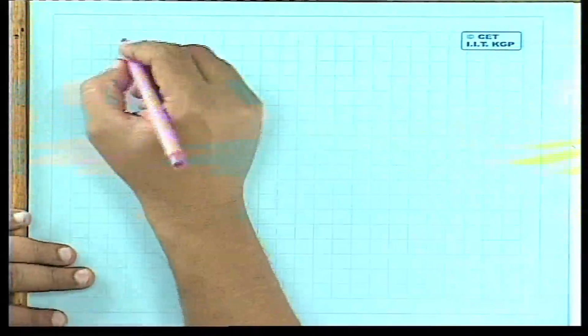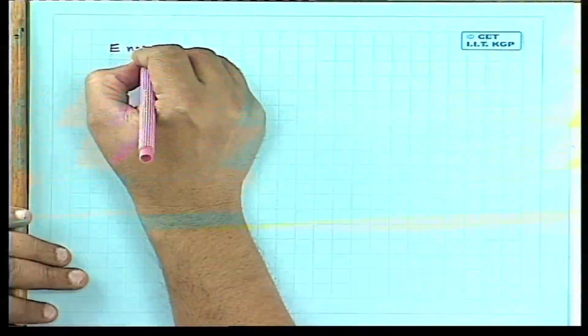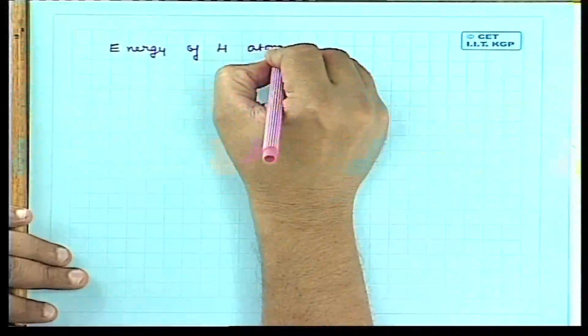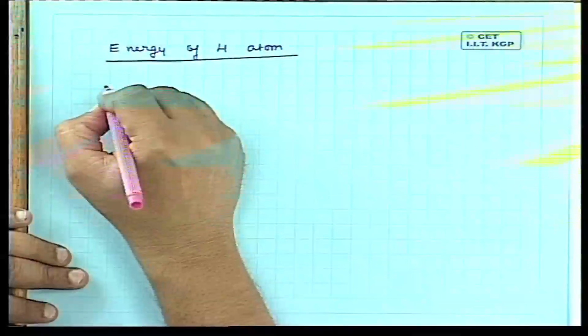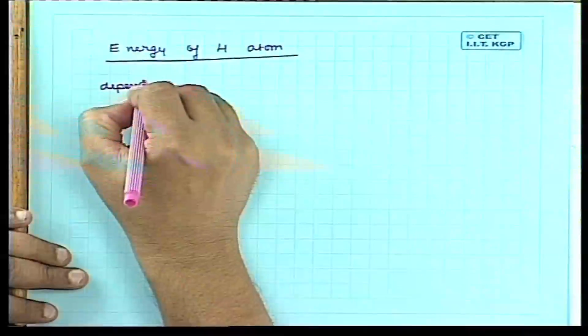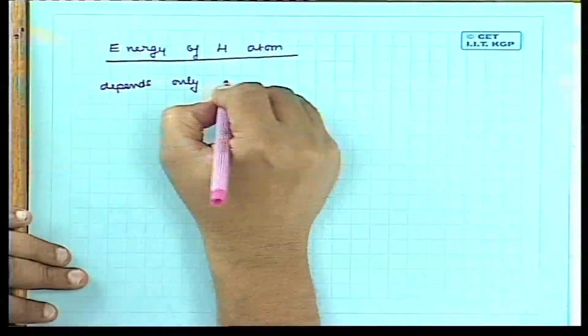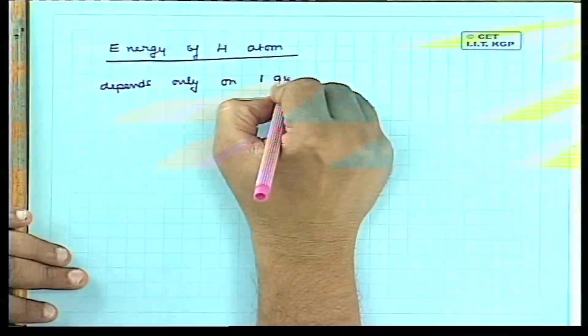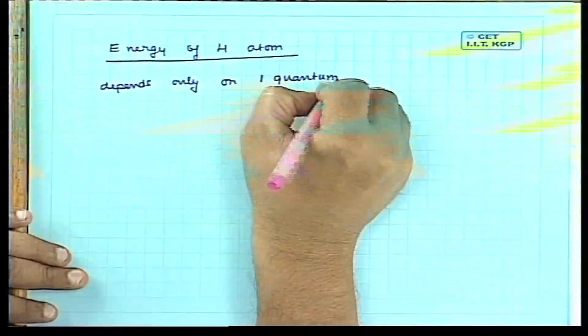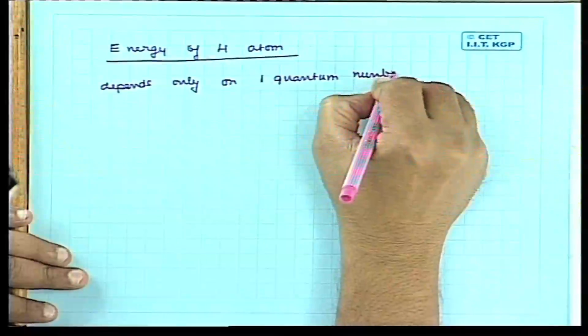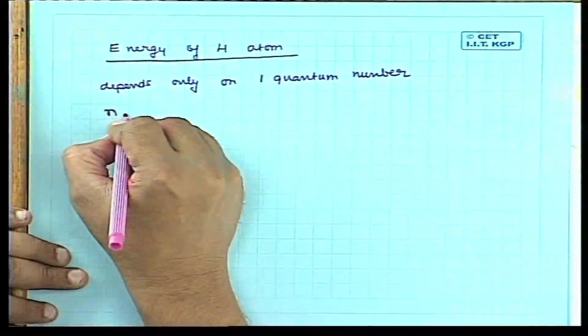So now what do we find? We find that the energy of the hydrogen atom depends only on one quantum number, n.